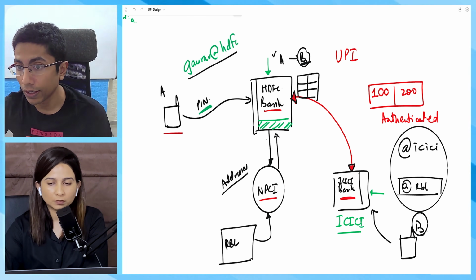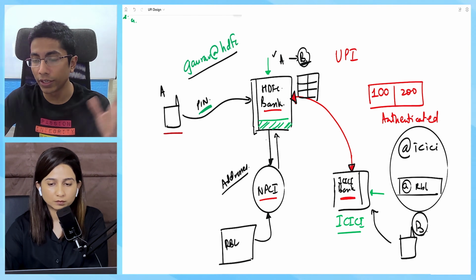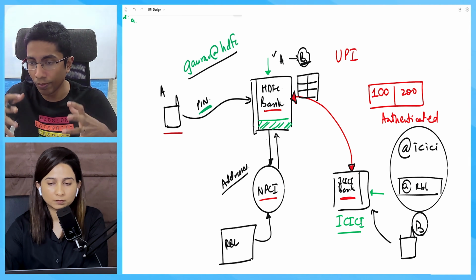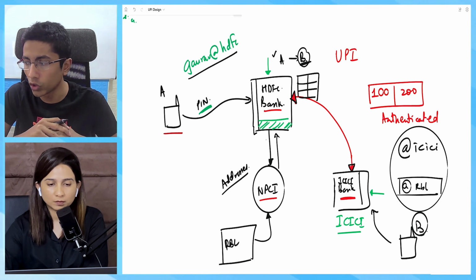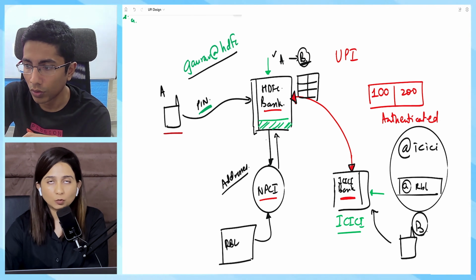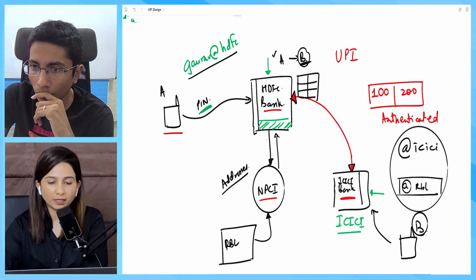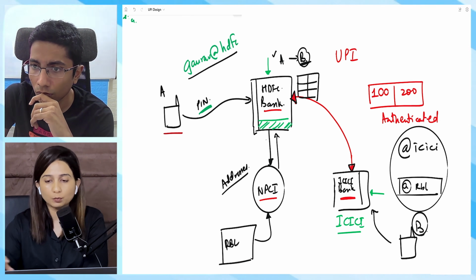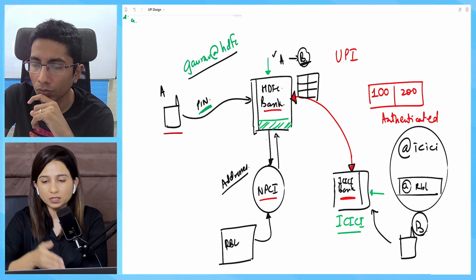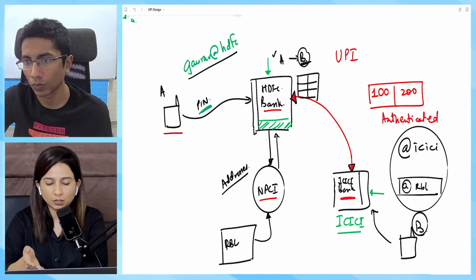However, having said that, it is still better than having a totally distributed system where every bank has to manage this address and also has to manage where this address is pointing to. The total availability that NPCI can provide would still be higher than if we had a distributed system for all the banks, if we combine their availability.